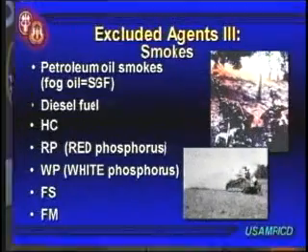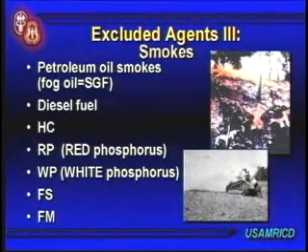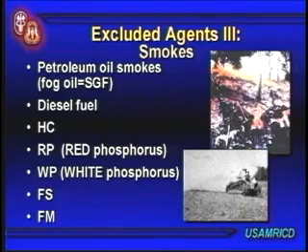These compounds include fairly commonly encountered agents such as diesel oil, fog oil, HC smoke. HC smoke is the name given to standard white military obscurant smoke. But we'll learn in this course that HC smoke can be just as deadly as any of the peripherally acting pulmonary compounds used in World War I.